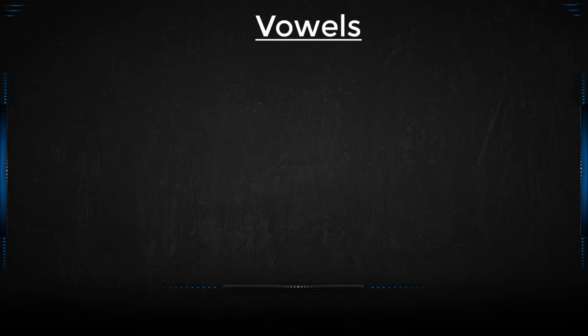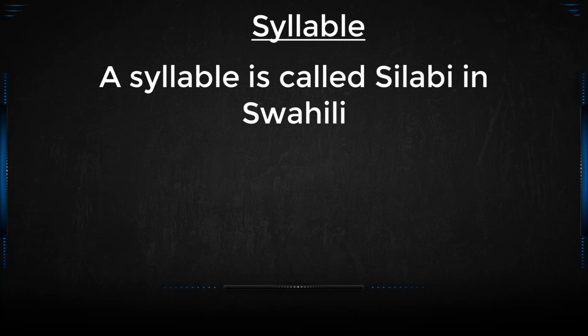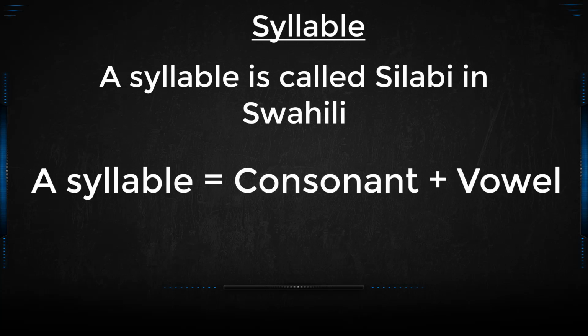Whenever you want to form a word in Swahili, I mean a sound, what we call a syllable, and a syllable in Swahili is called silabi, you take a consonant, and this consonant is followed by a vowel.